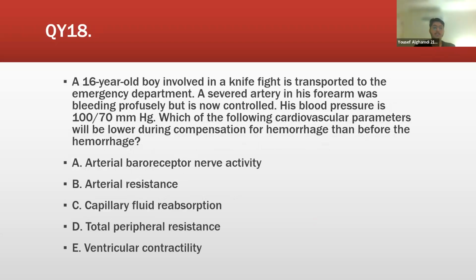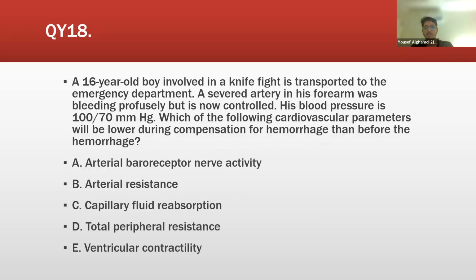Okay. A 16-year-old boy involved in a knife fight is transported to the emergency department. A severed artery in his forearm was bleeding profusely, but it's now controlled. Okay? Which of the following cardiovascular parameters would be lower during compensation for the hemorrhage than before the hemorrhage?